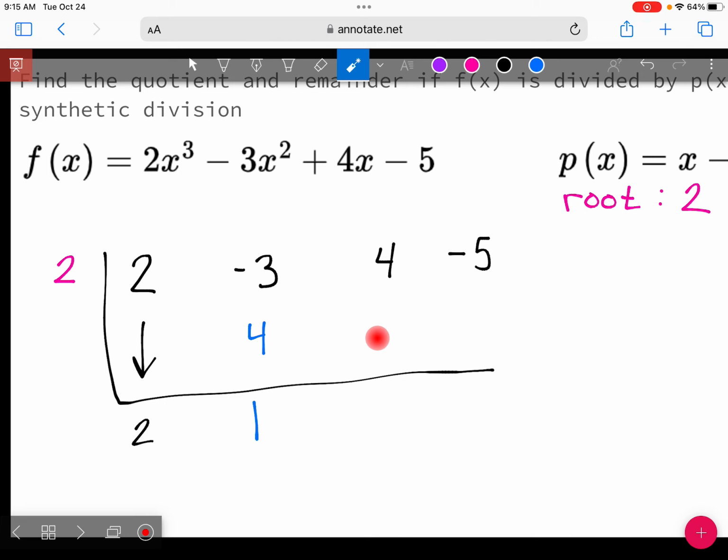What's going to go here? 2. Which means at the bottom, underneath that goes 6.